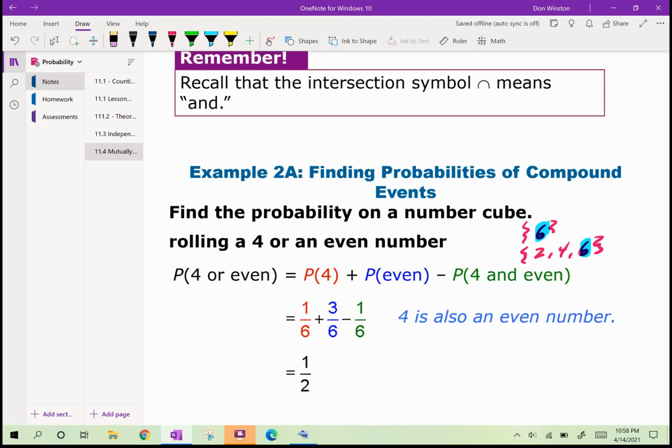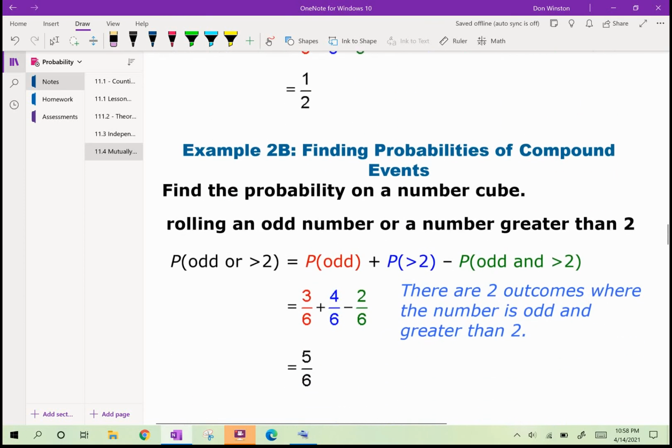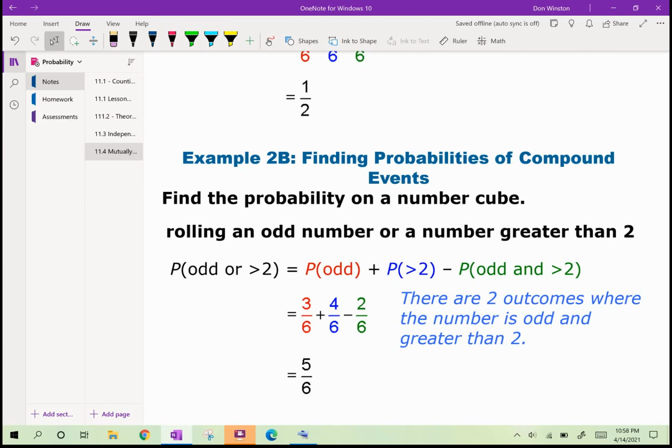Anyway, so let's continue on here. Find the probability on a number cube of rolling an odd number, which is 1, 3, 5, or a number greater than 2, so that would be 3, 4, 5, 6. So what's common? We have a couple of them common, right? So 3 appears twice, and then 5 appears twice.